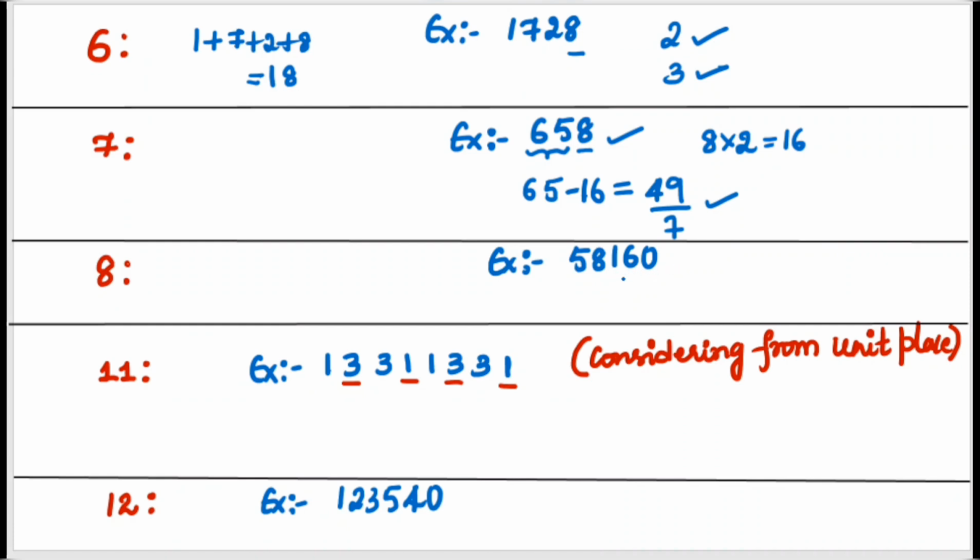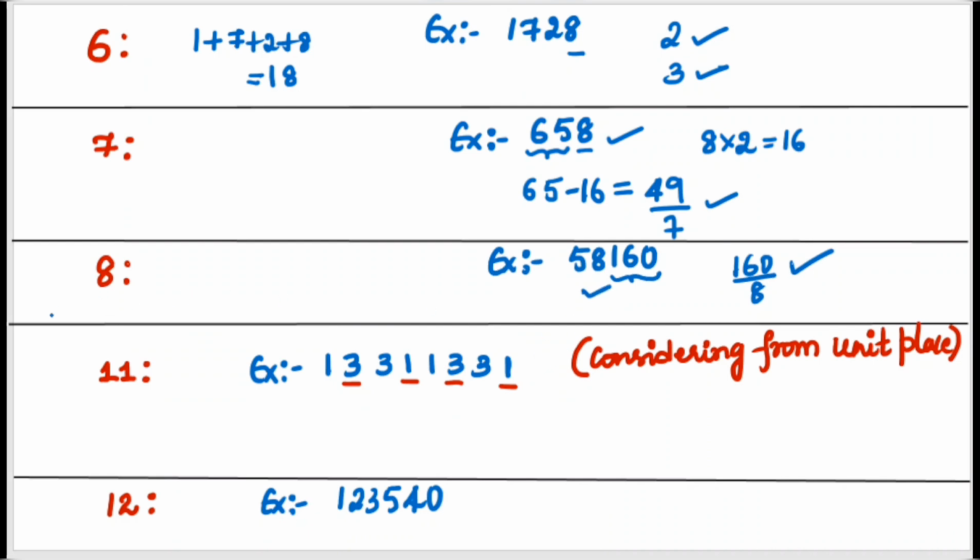For the second condition, these 3 digits make the number 160. Is 160 divisible by 8? Yes, 160 is divisible by 8. Then the complete number is divisible by 8. So this is the divisibility test for 8.